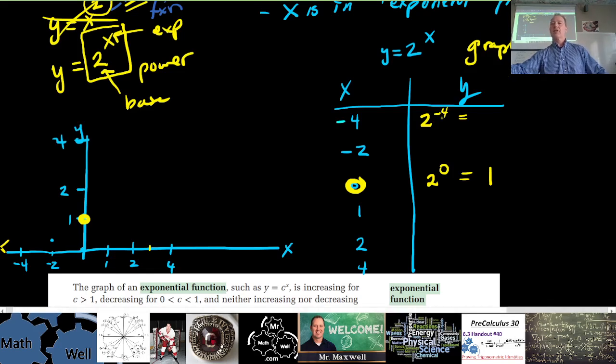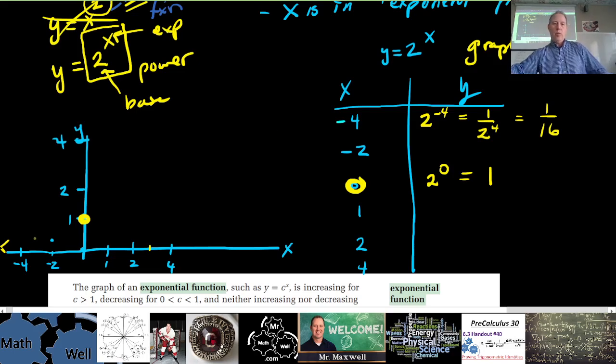If you have a negative exponent, that negative sign can disappear if you put the whole power in the denominator. If it's in the denominator with a negative power, the negative goes away if you put it in the numerator. So you take the reciprocal of it. So this is actually 1 over 2 to the power of +4, and that's 1 over 16.